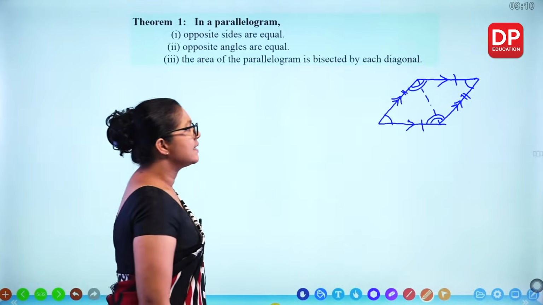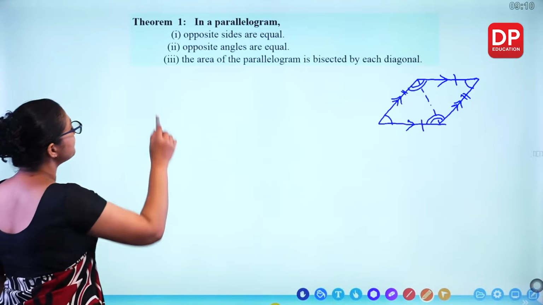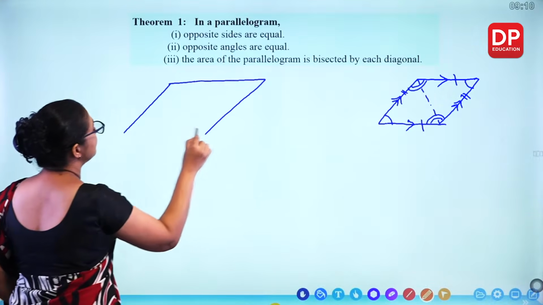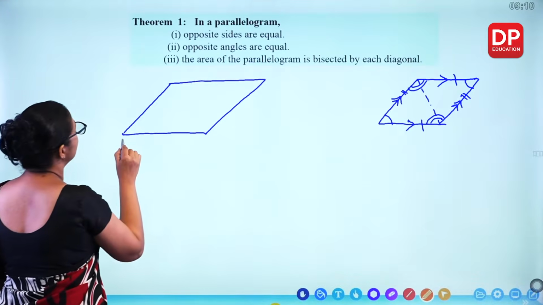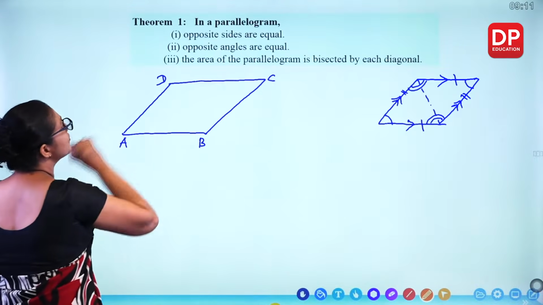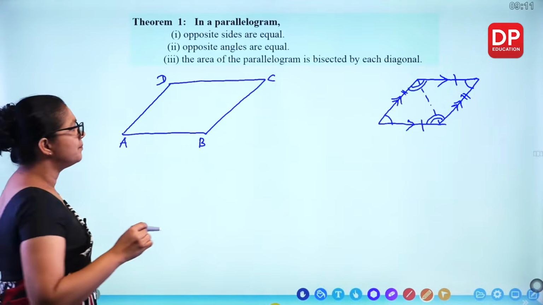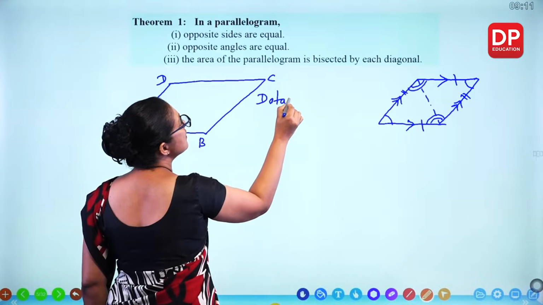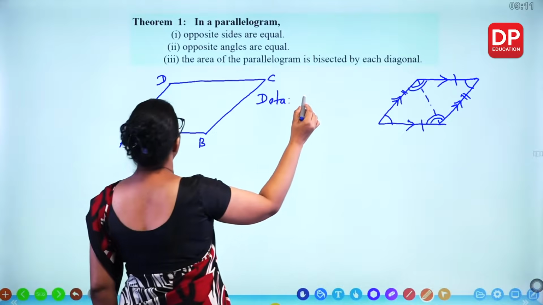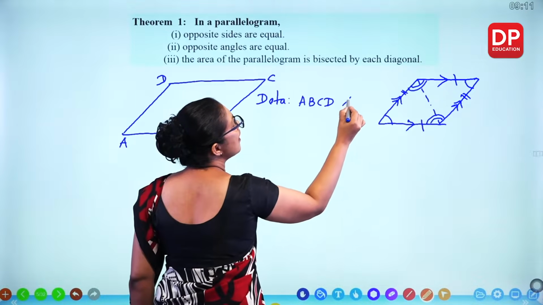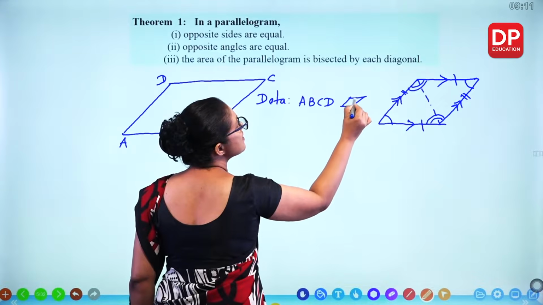Okay, we'll take a general parallelogram ABCD. If it's a parallelogram, what do you know about that? I can write parallelogram is like this.